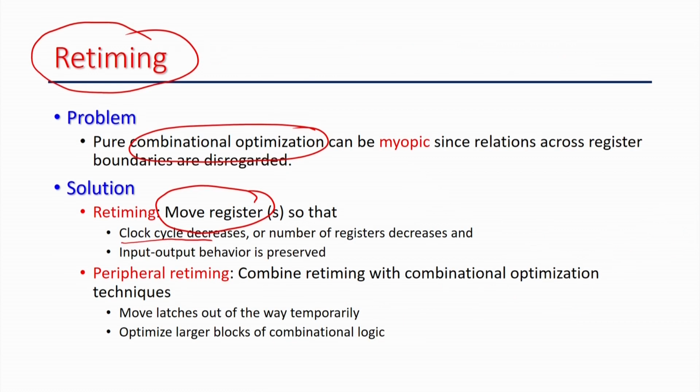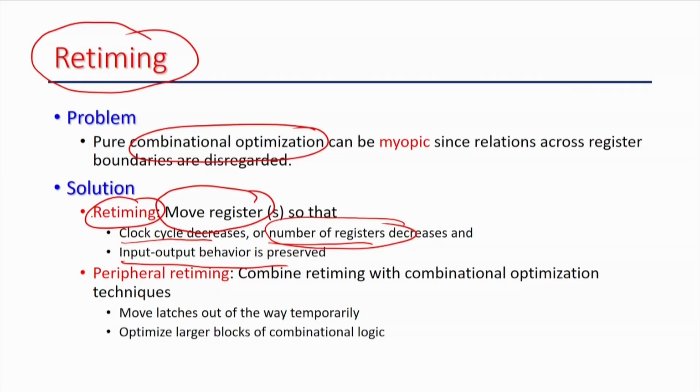So, this is a sequential optimization where we move the registers in the circuit so that we can improve either the clock period or the number of registers. Both can be your objective: reducing the number of registers, reducing the clock period, or maybe both.